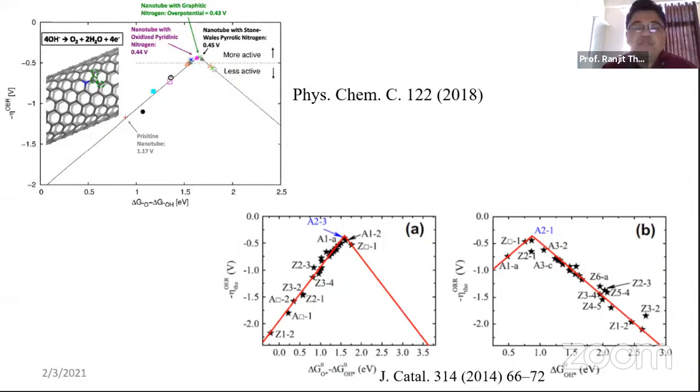These reactions are very important, particularly for fuel cells, metal-air batteries, and a lot of applications. But here we are going to focus on the fundamental question: even though the reactions go back and forth, why are they really different in the energy parameter? Why is the OER energy parameter this one, and the ORR one this one?